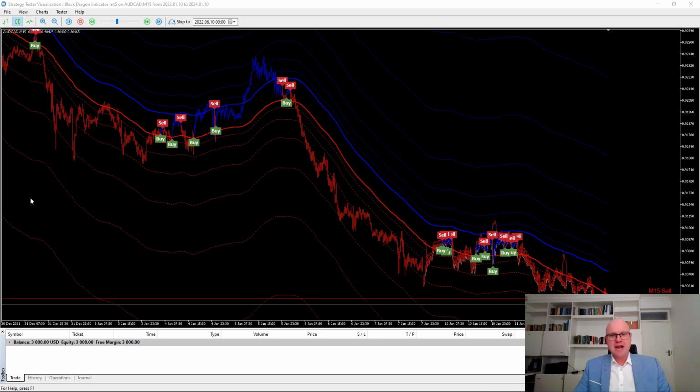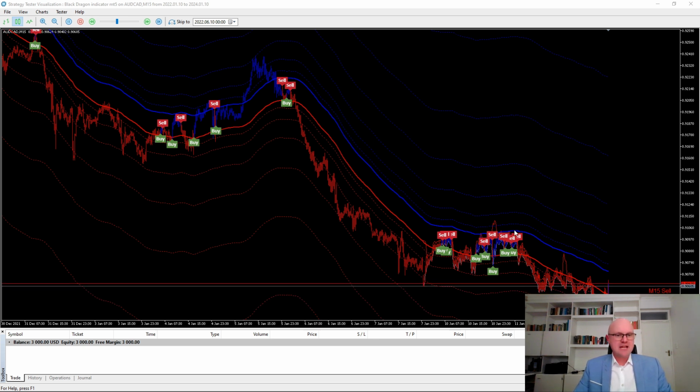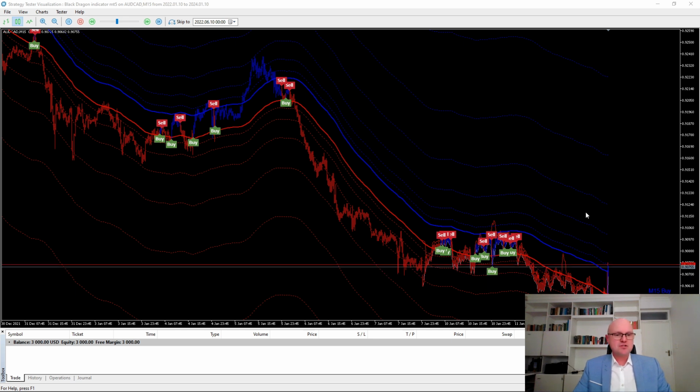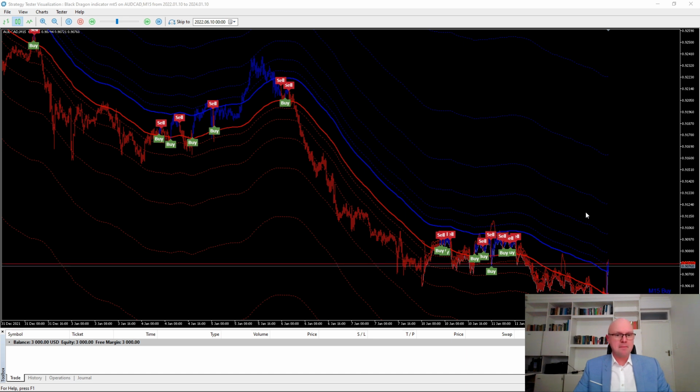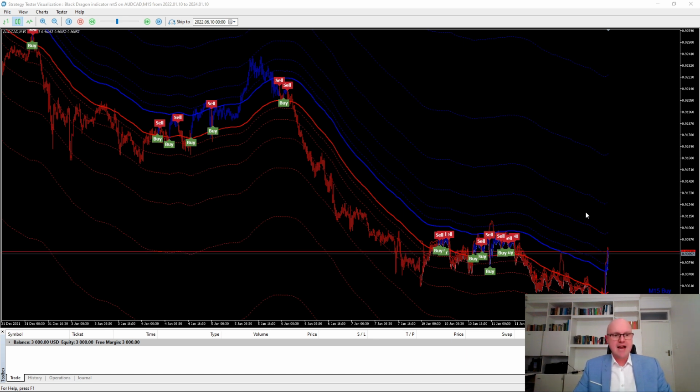This trend trading indicator shows us the buys and the sells, which the EA Black Dragon then enters using the default. So I'm running the default indicator on the 15-minute, which is what we are currently trading. And this now shows us where the buys and the sells are detected by the expert advisor and how it enters.